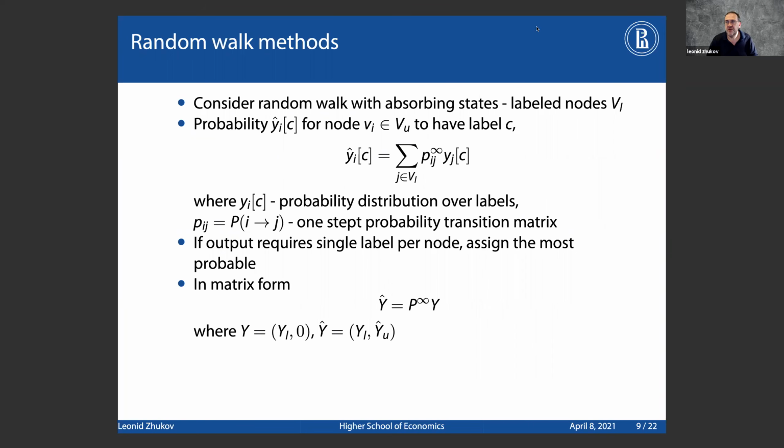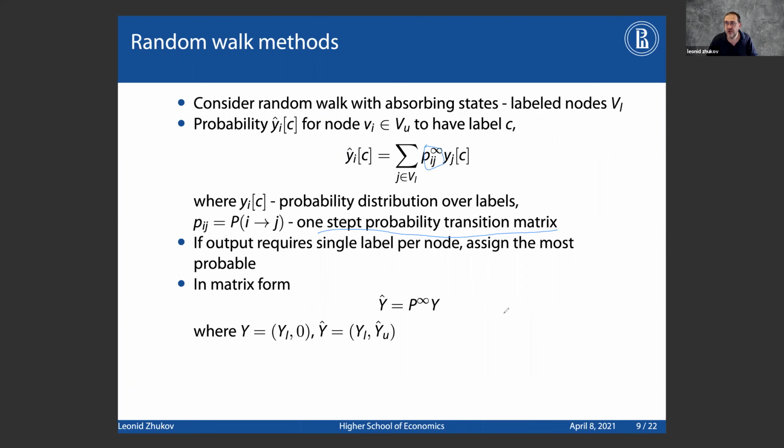When we want to calculate the probabilities, Pij is the one-step probability, the same probability transition matrix as what we looked into when we did PageRank. Then Pij to infinity means an infinite number of steps, or as many as needed for the walk to get absorbed.